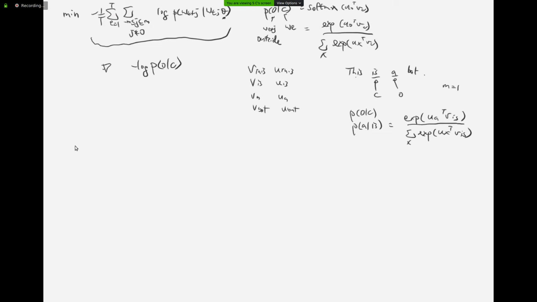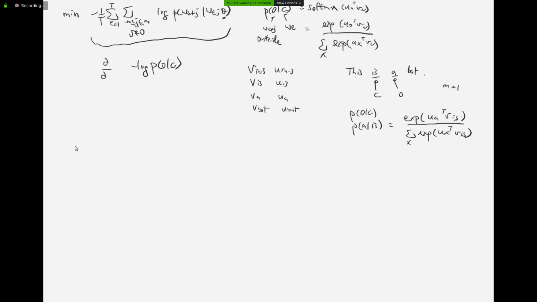So if I consider this particular center word C and outside word O here, I look at how the change of u_O, v_O, u_c, v_c will affect this P. So I just look at the partial derivative, right?